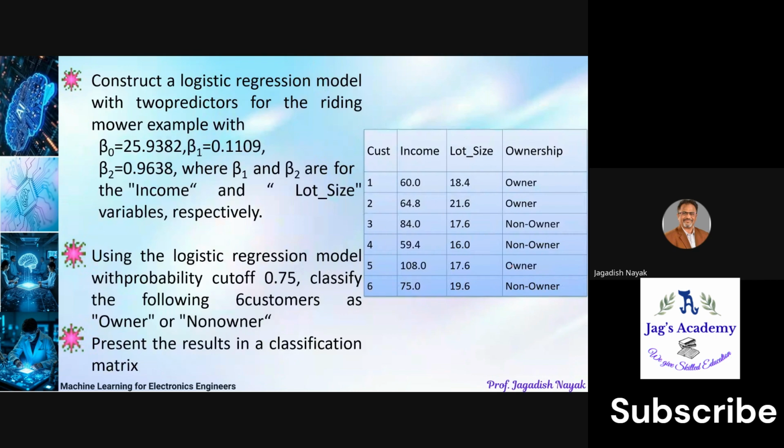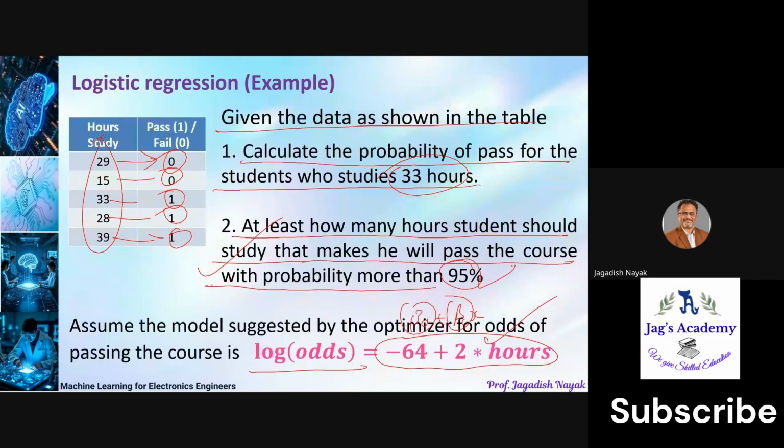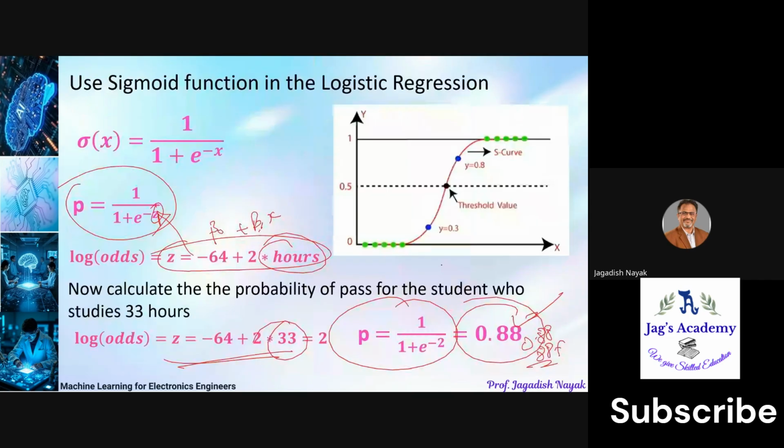This is another example. I'm leaving the other part to you. This is very simple, I will tell you. P is given as 0.95, equal to 1 divided by 1 plus e to the power of minus (minus 64 plus 2 into hours).